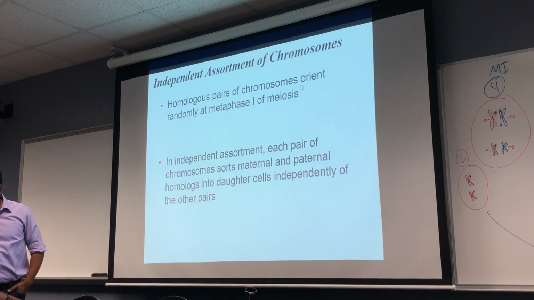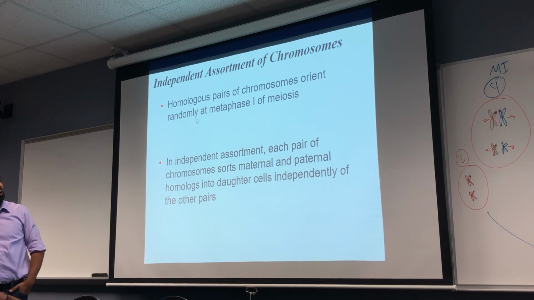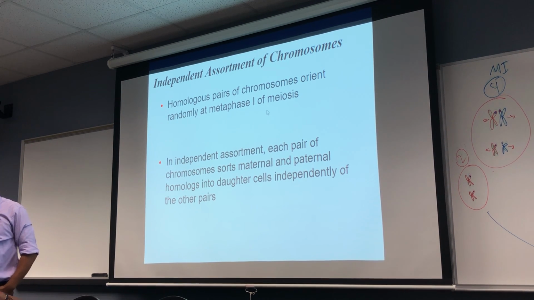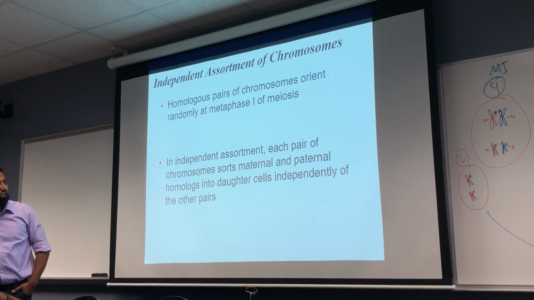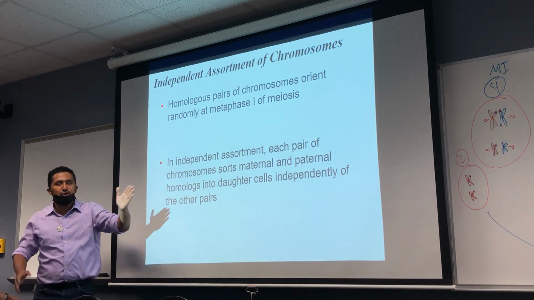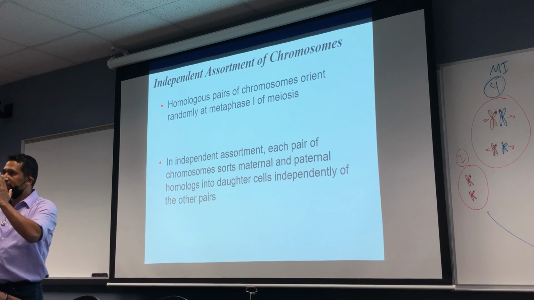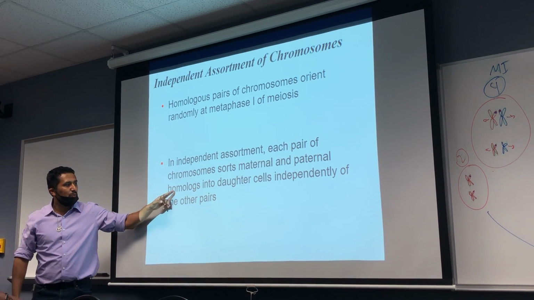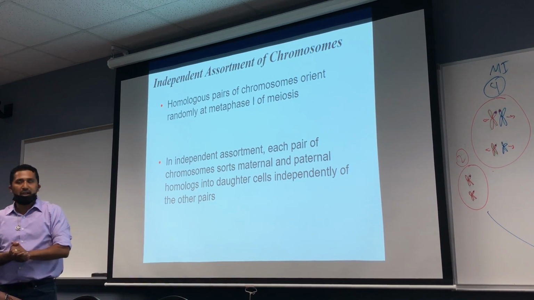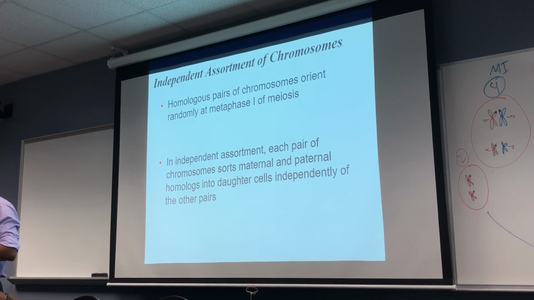So the homologous pairs of chromosomes will arrange randomly at metaphase 1 of meiosis. That is known as independent assortment. Each pair of chromosomes will sort the chromosomes from your mom and from your dad on either side, and these homologous chromosomes will then form the daughter cells.